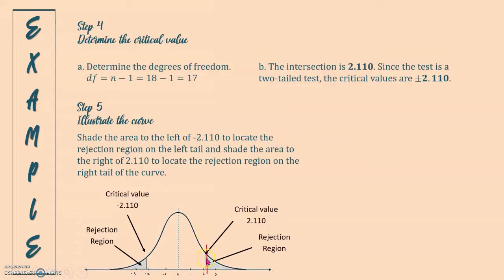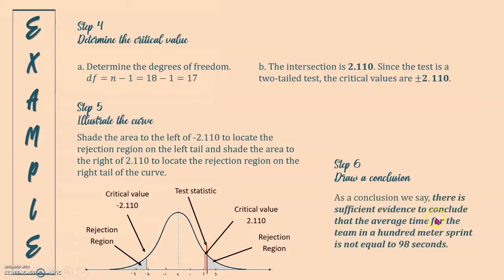So our test statistic is very close to our critical value, wherein our computed test statistic is 2.12, meaning our test statistic falls on the rejection region. Since it falls on the rejection region, in conclusion we say that there is sufficient evidence to conclude that the average time for the team in a 100-meter sprint is not equal to 98 seconds.